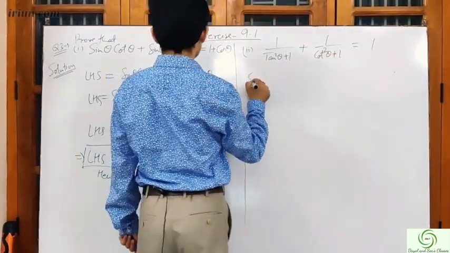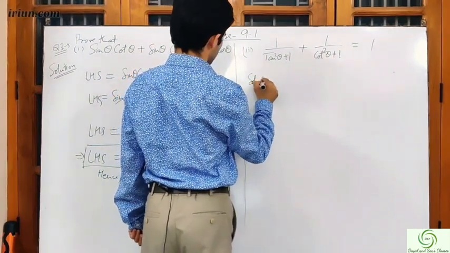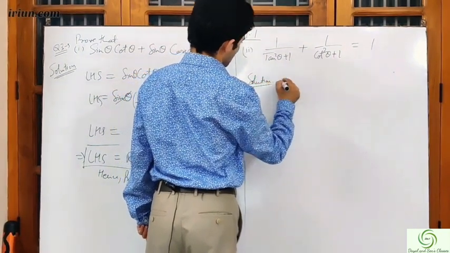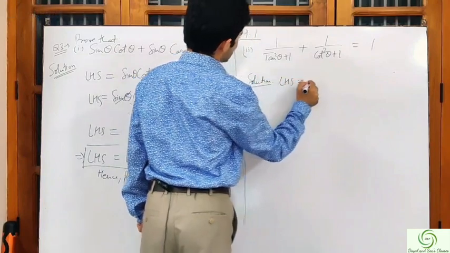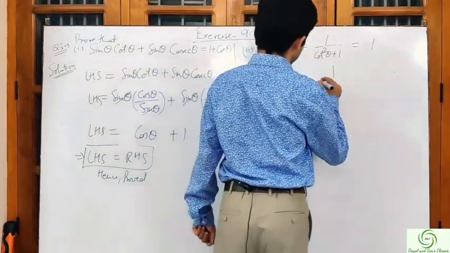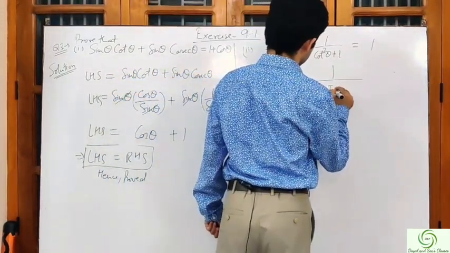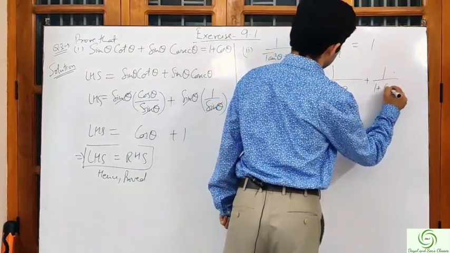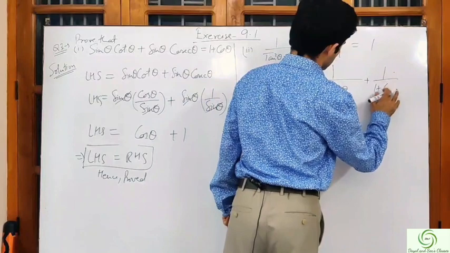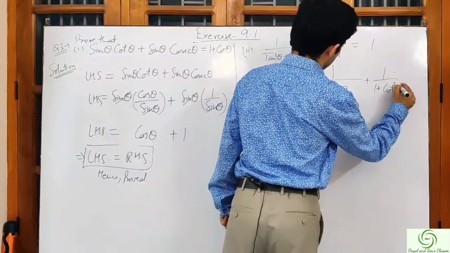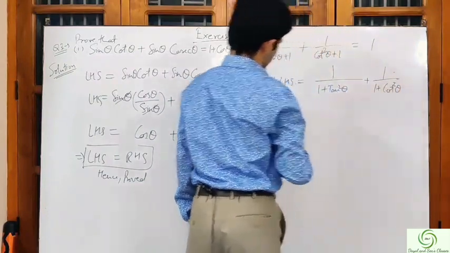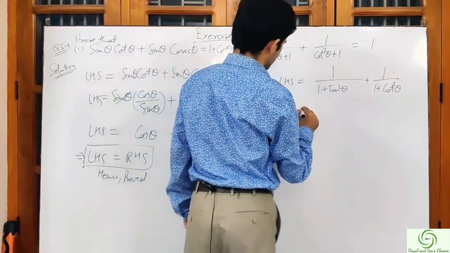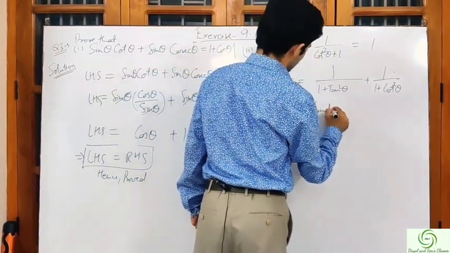Let us solve this. The left hand side is given to us: 1 upon 1 plus tan square theta plus 1 upon 1 plus cot square theta. We take from fundamental identities.